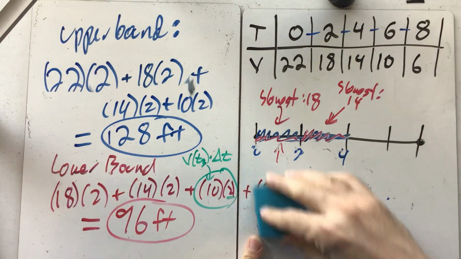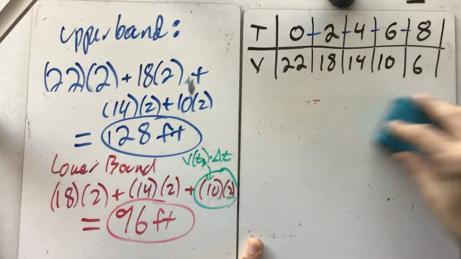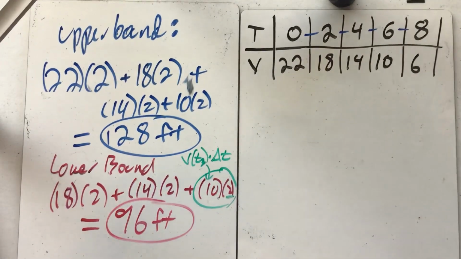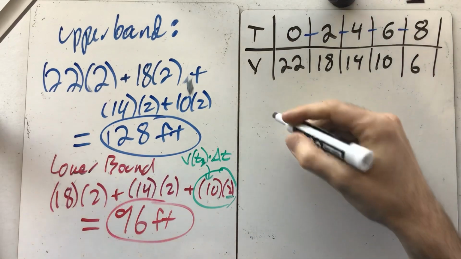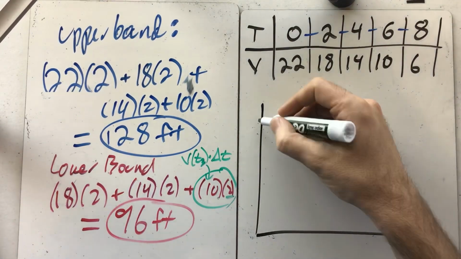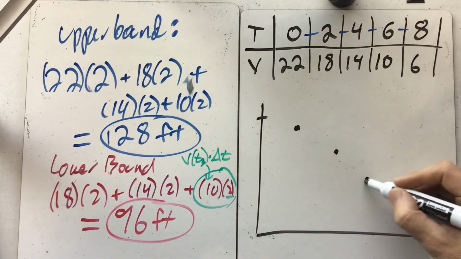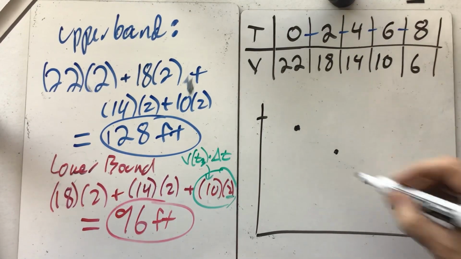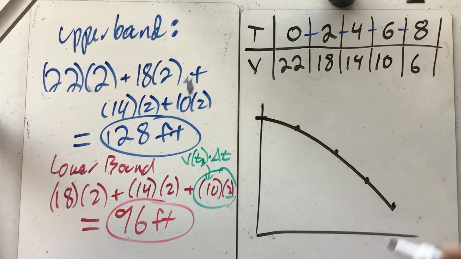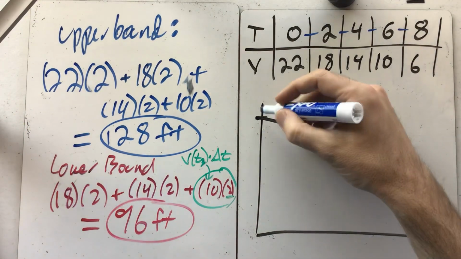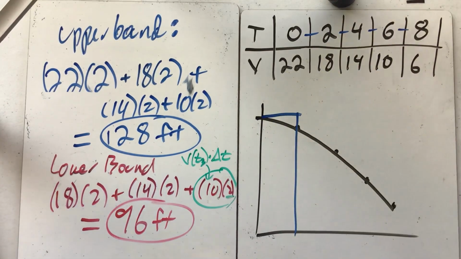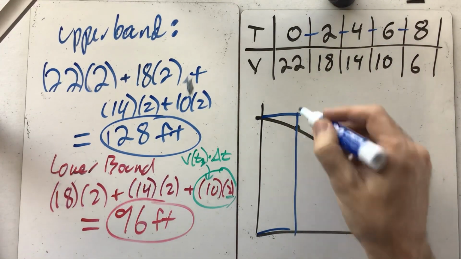And notice, if I were to think of this car as a velocity graph, and I were to draw a picture where my velocity starts at 22, then goes to 18, then 14, then 10, then 6, and put some sort of curve on it, this 22 times 2 is just that rectangle right here because it's base times height.